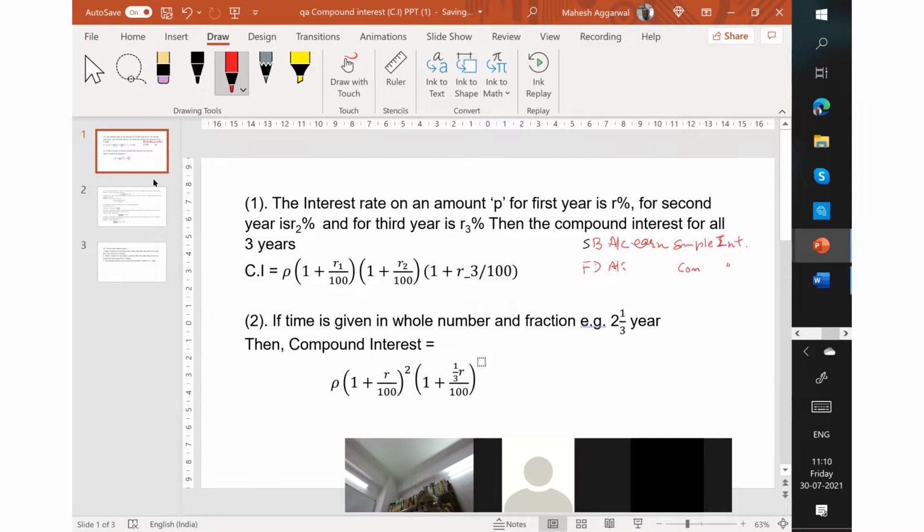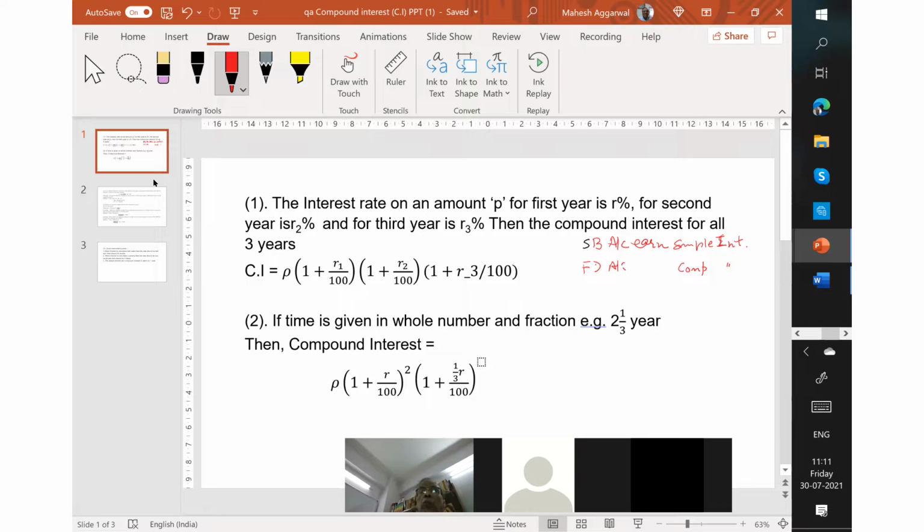The difference is very small. When you start earning interest on interest, then it is called compounding of interest. Whereas in simple interest, you earn money in the shape of interest on your principal amount. Since you are earning interest on interest, definitely the compound interest is always more than simple interest.